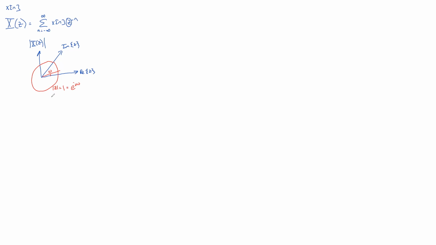So the magnitude of x of e to the j omega is just the height of the Z transform plotted around this unit circle in the Z domain. So that's what we covered last time. Any questions about that before we go back into the inverse Z transform?